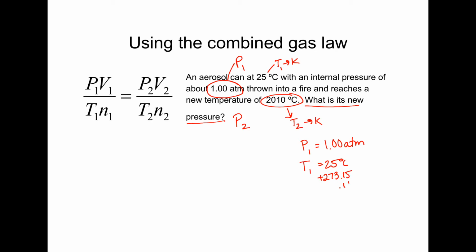So that's 298. This is to the ones place, so I'm going to mark that to the ones place. Okay, so for my final conditions, I'm trying to find P2, and my temperature 2 is 2010 degrees Celsius. So again, I'm going to add 273.15 to that.